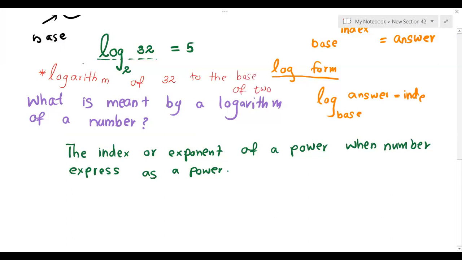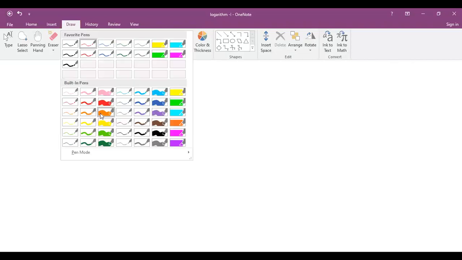Okay, we call this the logarithm of 32 to the base of 2. Then let's see how we convert a given index form into log form and log form into index form.